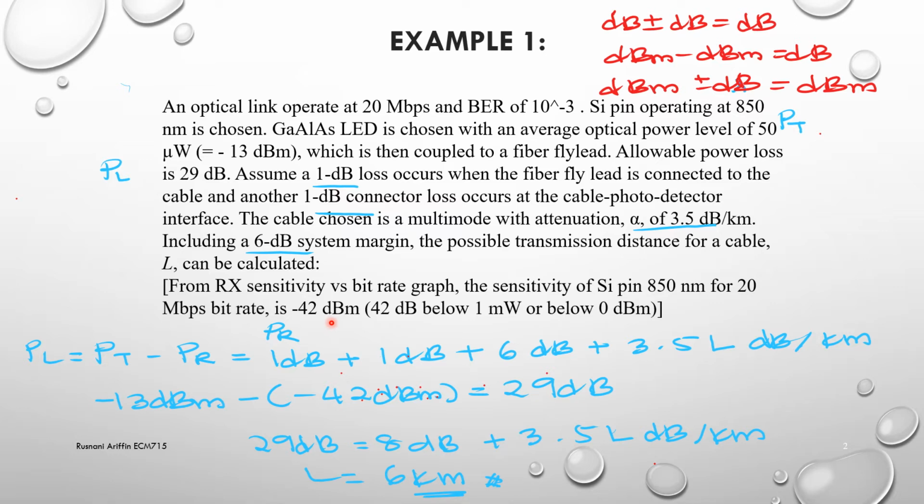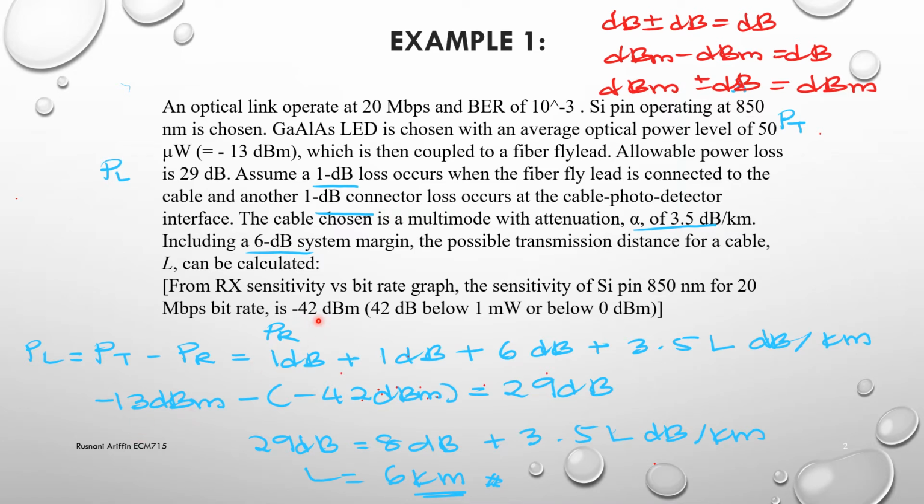We have the formula that the allowed power loss is equal to power transmit minus power received, which equals the total loss. Let's calculate the allowed power loss. We already know this is 29 dB. Our power transmit is negative 13 dBm.